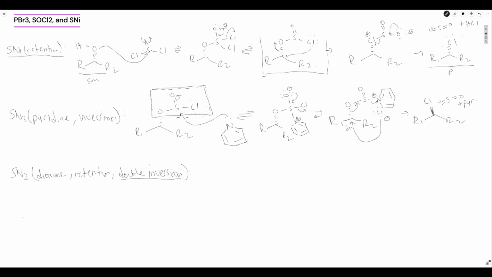So let's go back to our key intermediate that I drew above, which is this one here. Let's say we have dioxane in the mixture.